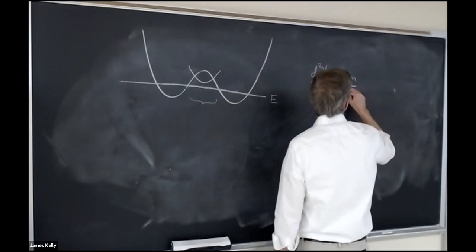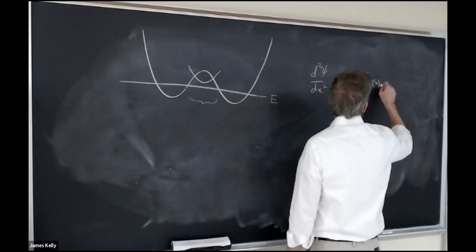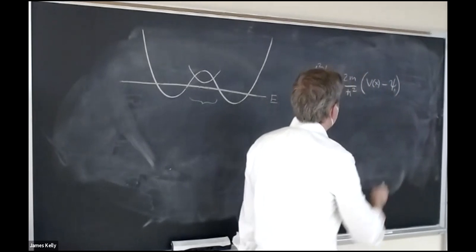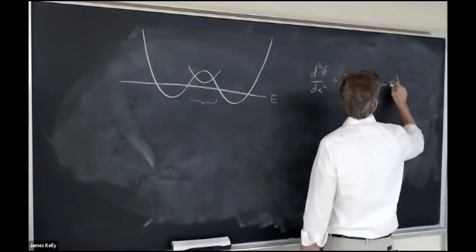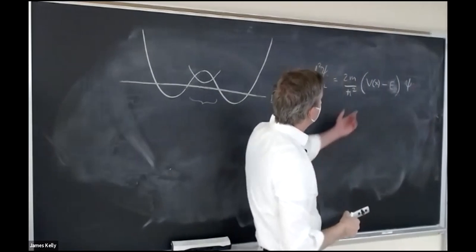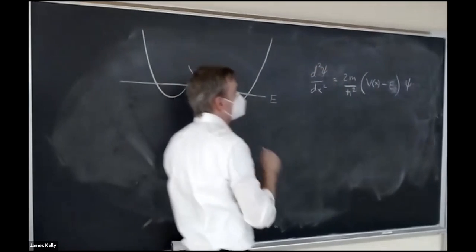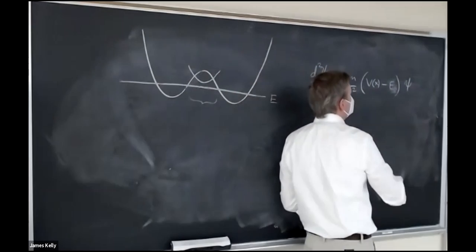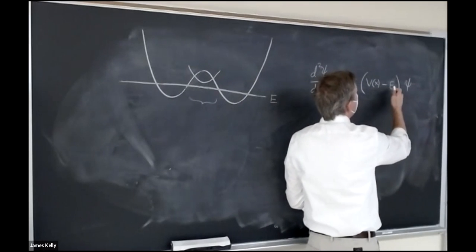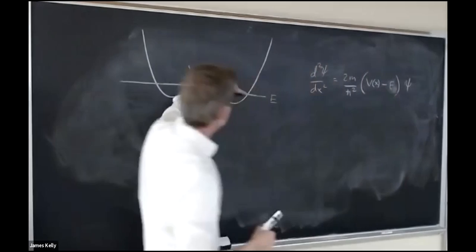It's 2m over h bar squared times V of x minus E, times psi. Now let's just think roughly about a small region on the x-axis where V of x is almost constant, and let's take a region where E is greater than V of x. That would be like in this region.